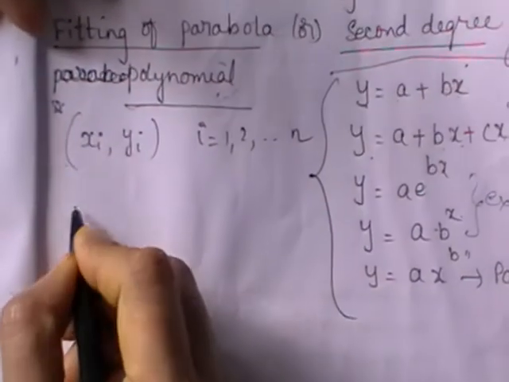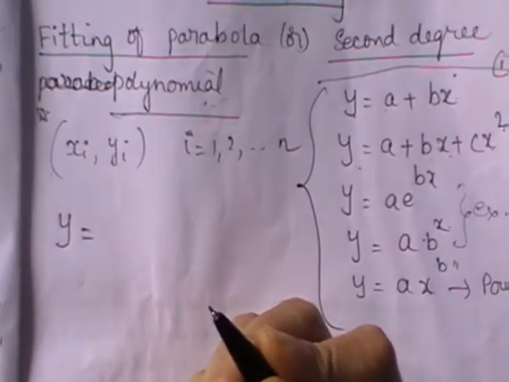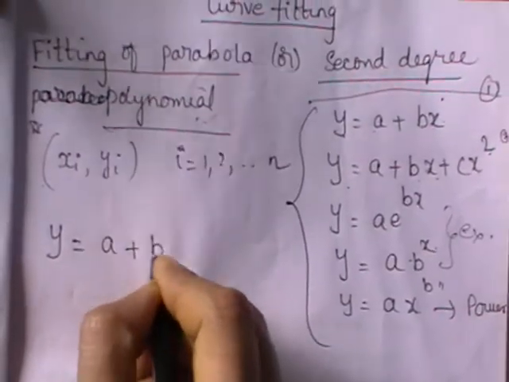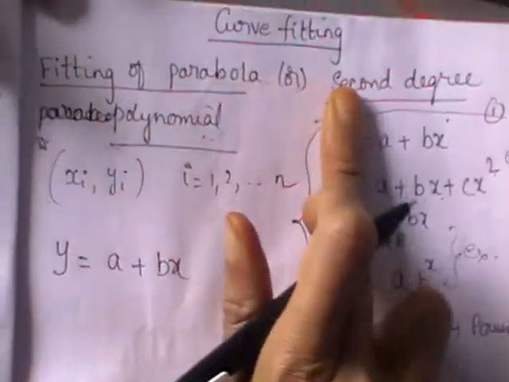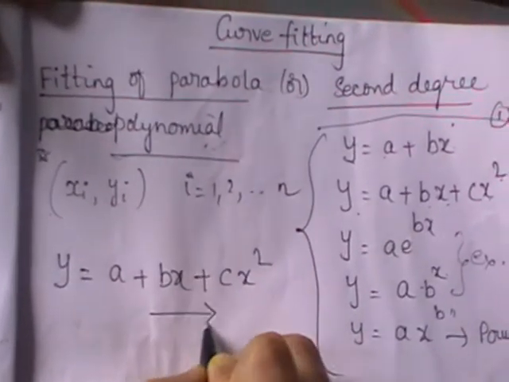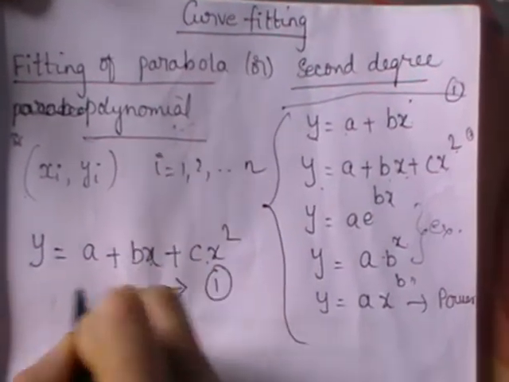Then you should specify the curve which you are going to fit. In the fitting of a straight line, you specified that y is equal to a plus bx is the line to be fitted. As here we are fitting the second degree parabola, its form is y is equal to a plus bx plus cx square. What are the two variables here?